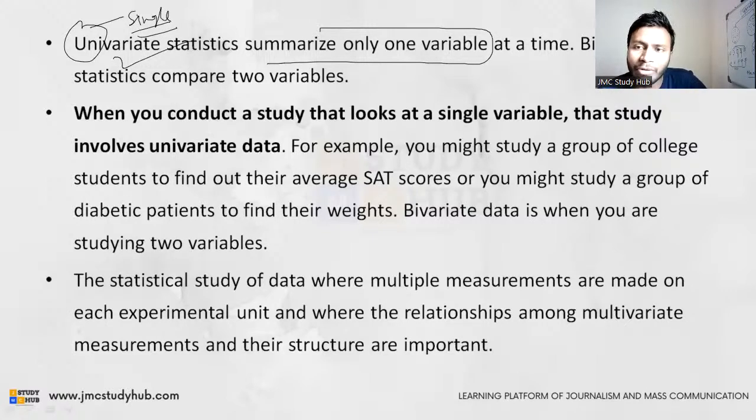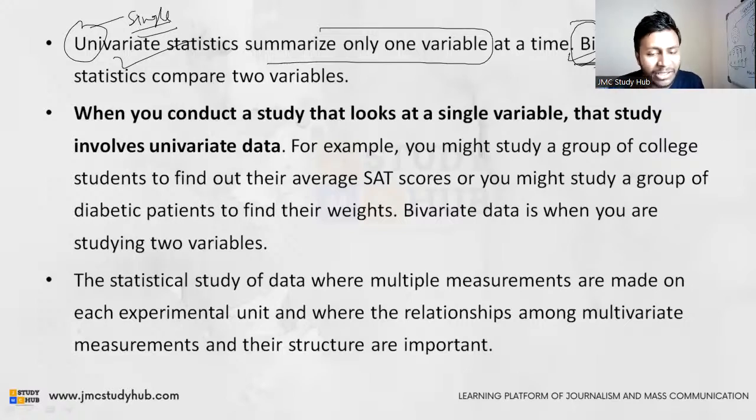Okay, when you are going to analyze the two variables, what is the association between two variables, what is the strength between two variables, right? How significant it is between two variables. When you are analyzing between the two variables, that is bivariate. Okay, and when you are analyzing more than two variables, then it is multivariate.